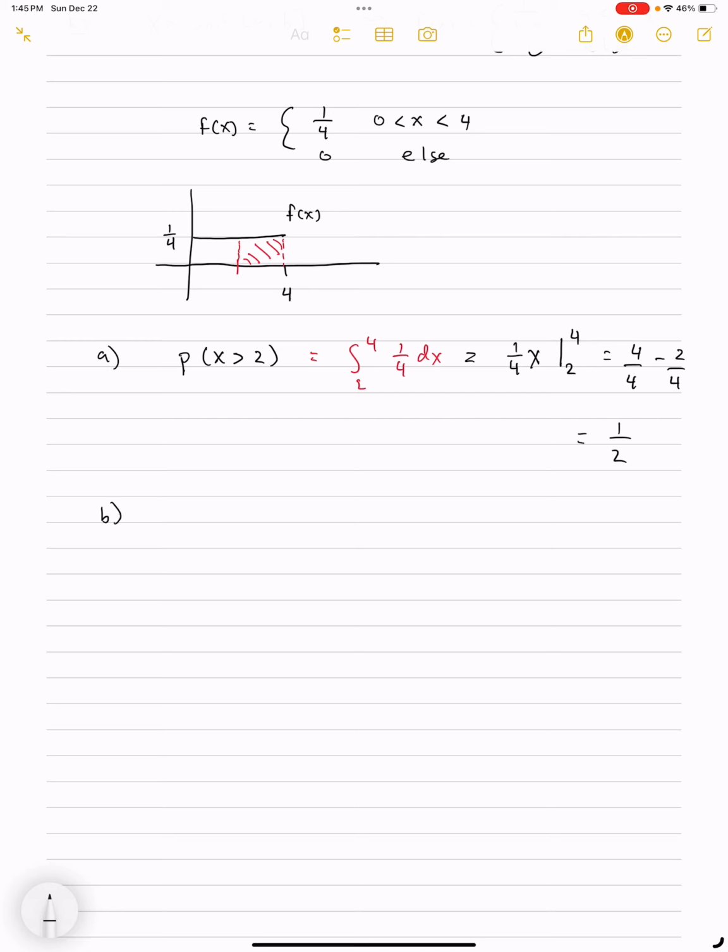Okay, if we're asked to calculate the probability that x is greater than 2 and less than 3, well, that's about 1/4 of the total probability, but let's verify that with this integral.